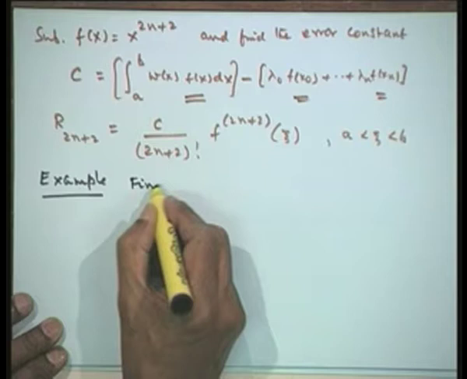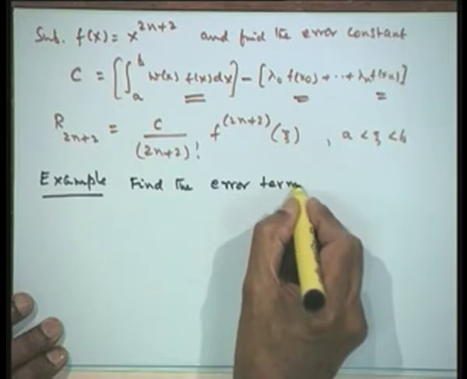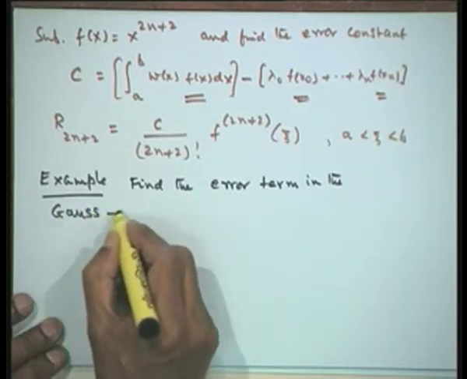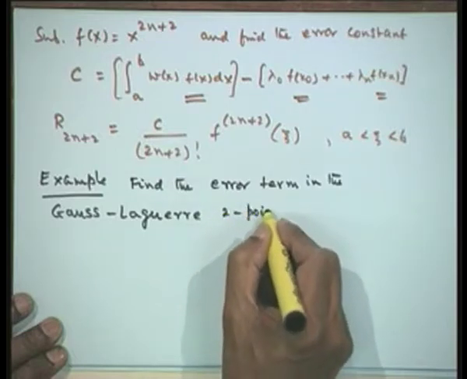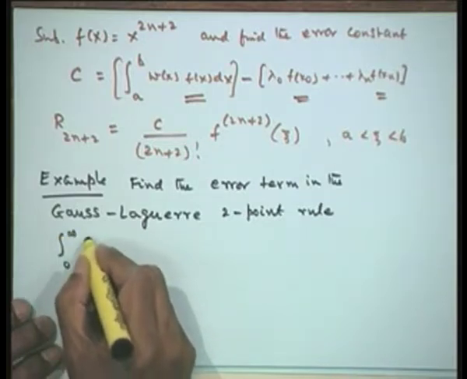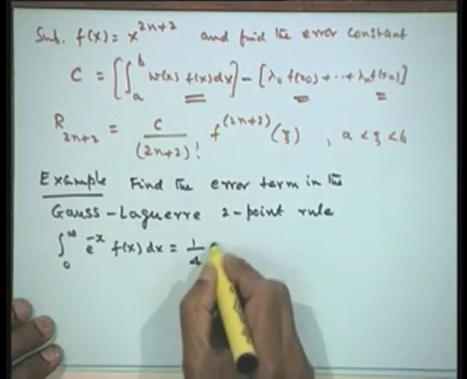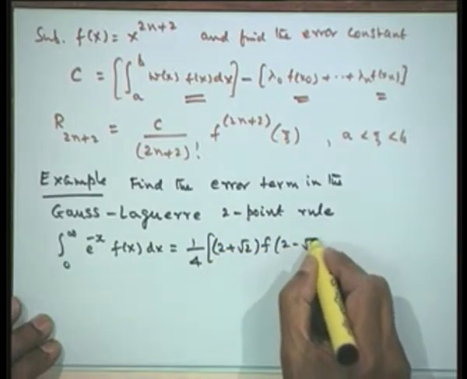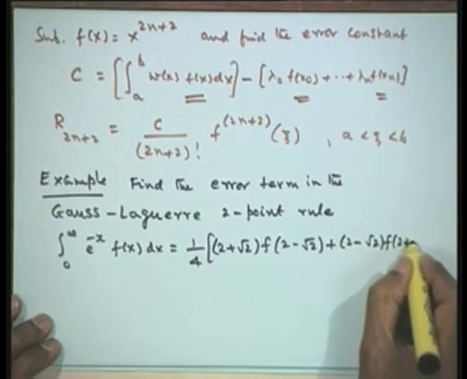Find the error term in the Gauss Laguerre 2-point rule, that is integral 0 to infinity of exponential of minus x f(x) dx is 1 upon 4 times, (2 plus root 2) f of (2 minus root 2), plus (2 minus root 2) f of (2 plus root 2).